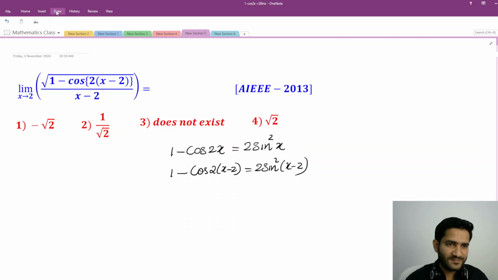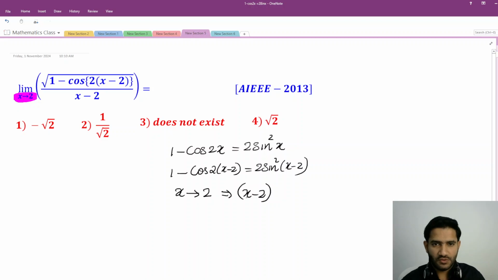Look at the limit. It's not x tends to 0, it is x tends to 2. So you want to rearrange the limit. Here x tends to 2, so what will happen for x minus 2? x tends to 2, or simply we can say x is equal to 2.